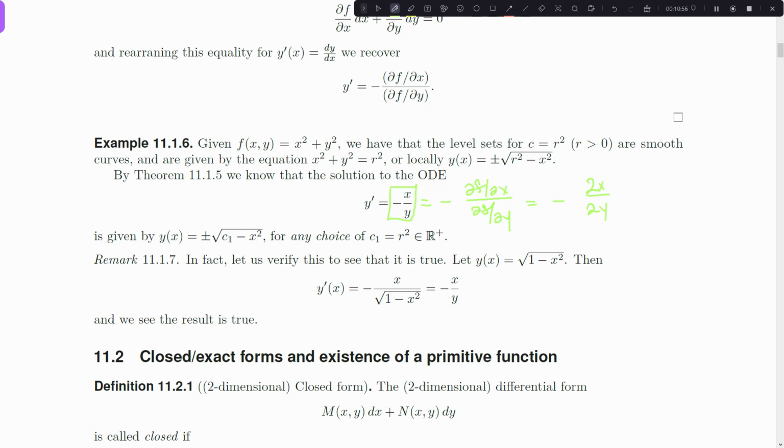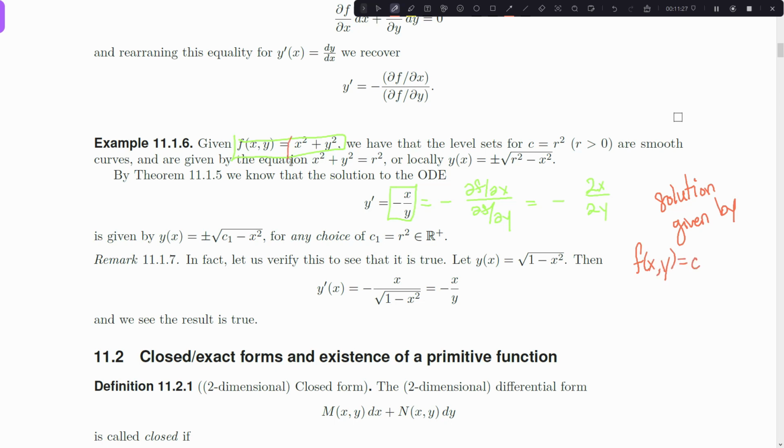Okay, fine. So what our original theorem said is if we have this function, which produces g, or in this case negative x over y, then the solution must be given by f of x, y equals c, the level curve.